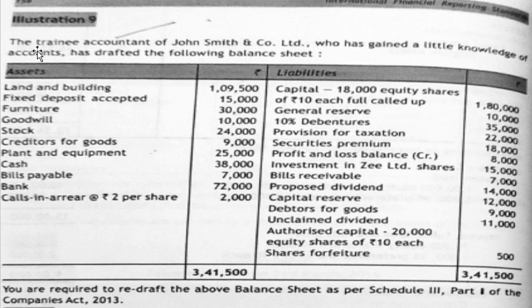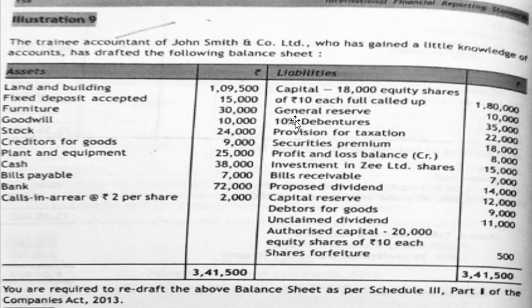So under this problem, the trainee accountant of John Smith and Co. Limited, who has gained a little knowledge of accounts, has drafted the following balance sheet: assets, land and building, fixed deposit, furniture, goodwill, stock, creditors for goods, plant and equipment, cash, bills payable, bank, calls in arrears at rupees 2 per share.